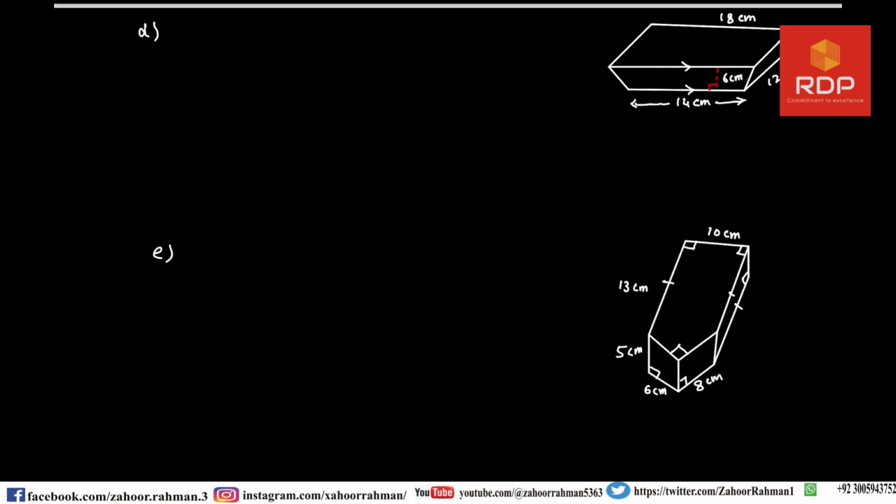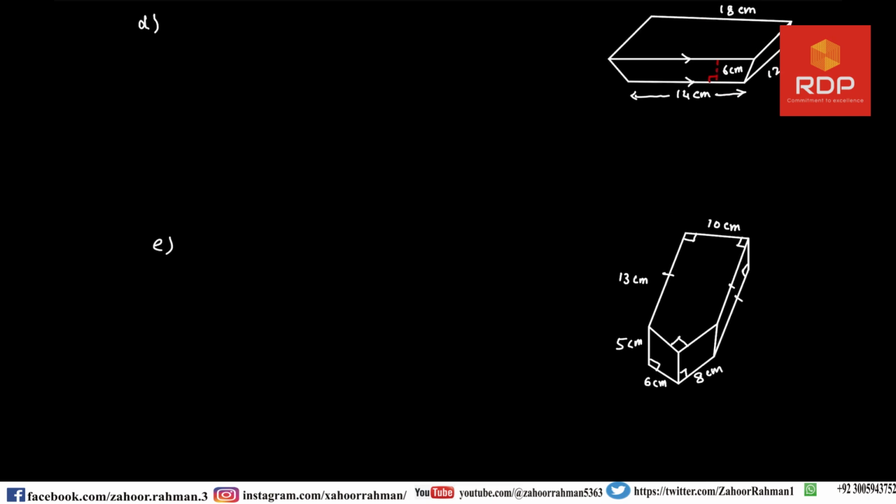Let us do question number 1, part number D. Another prism is given to us. So if you are selecting this as the base area, then this will be the height.